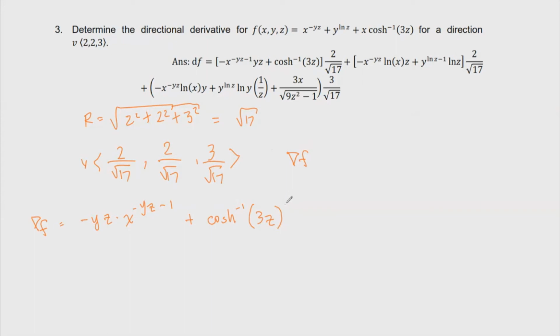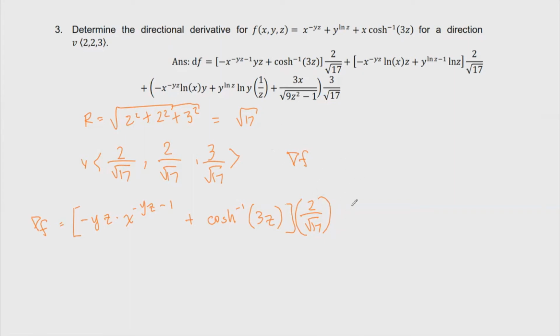Then we close this with our i, and in this case, it's no longer i. We need to substitute it with our direction, which comes from the unit vector, so we have 2 over the square root of 17. You might be getting confused. You don't use this value itself because that's the direction from the origin, taking into consideration the Cartesian coordinate, the 3D Euclidean space. We need to convert that in terms of a unit vector. So this is the correct direction.